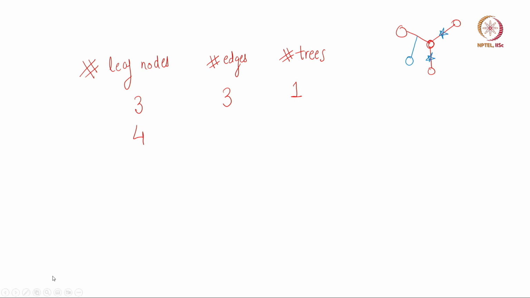In that case, the number of edges will be 5 now, because when you add a new leaf node you add 2 edges, and the total number of trees is 1 times 3, because you have 3 choices to make. Similarly, if you go to 5 leaf nodes, you will find that you have 7 edges, and this time you already have 3 possible trees to choose from, and in each tree you will have 5 choices to add an additional leaf node.